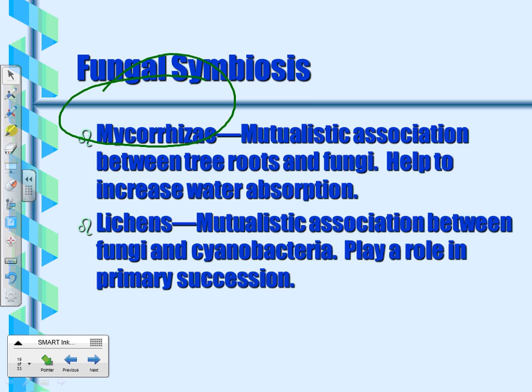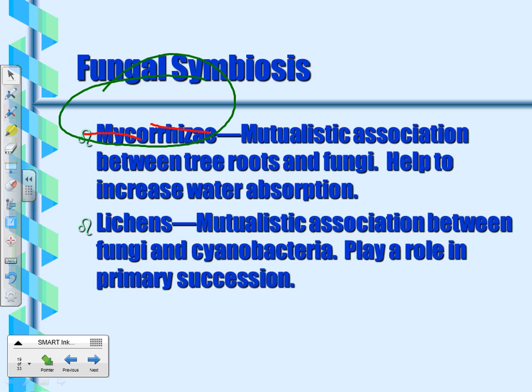It turns out there are some trees that can't live without these things. It's very important to the trees. Some of them can't live without the mycorrhiza. So they're fungi that grow on the roots, and they help the plant better absorb water. That's what you need to know about them. Those will come back up again later. But just remember the parts and you know what it is. Fungus and root.